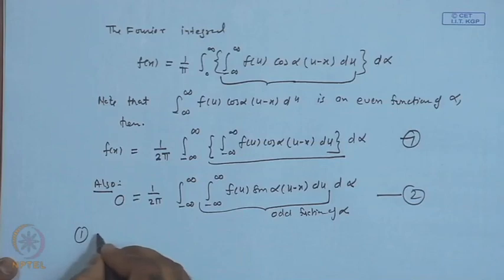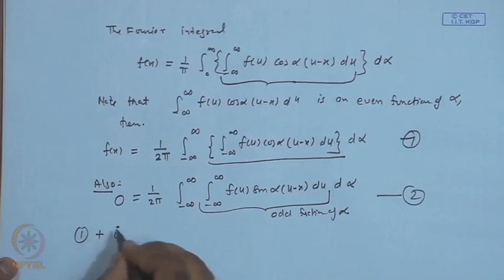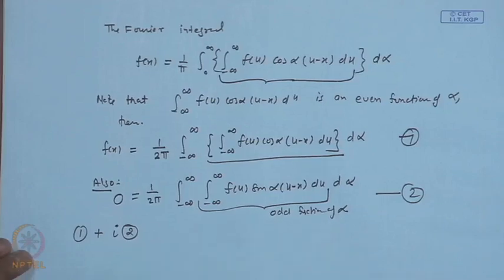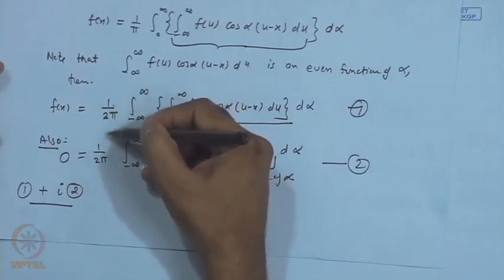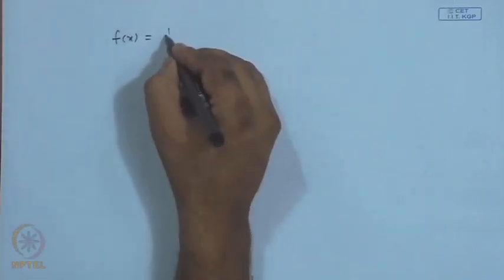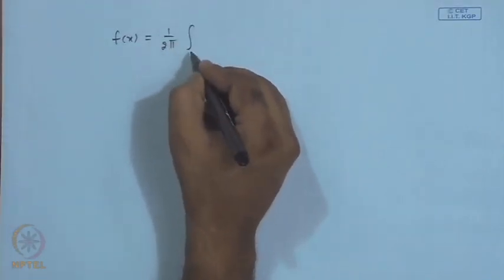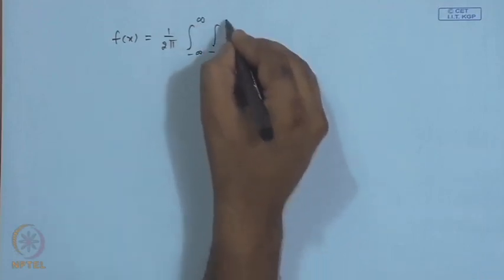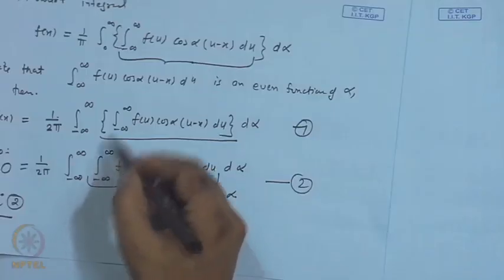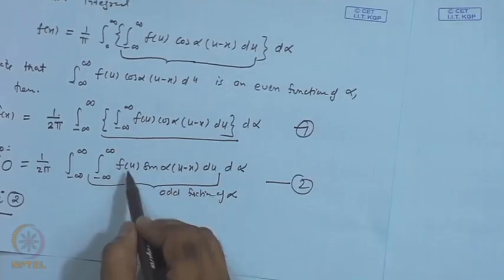Now, what we do, we take equation 1 and multiply equation 2 by i to have the complex form of this Fourier integral simply. So, what we will get in this case, now f(x) is 1 over 2 pi, minus infinity to plus infinity, this is common, again minus infinity to plus infinity, this second integral is common, and we have f(u).